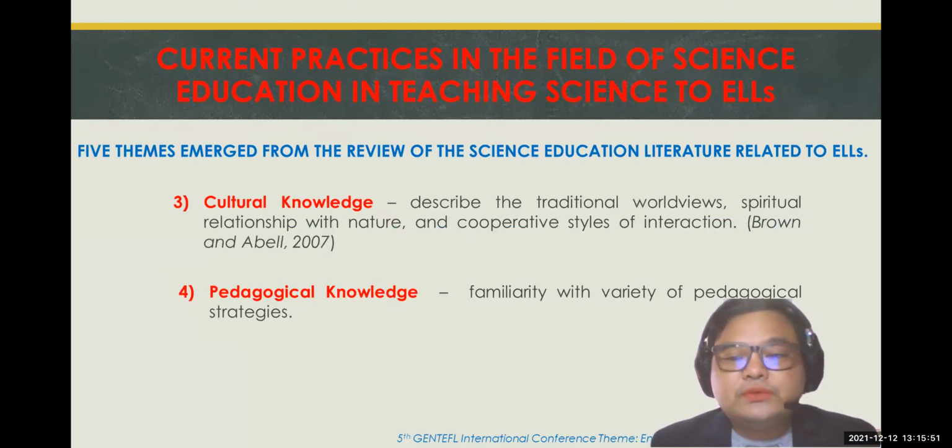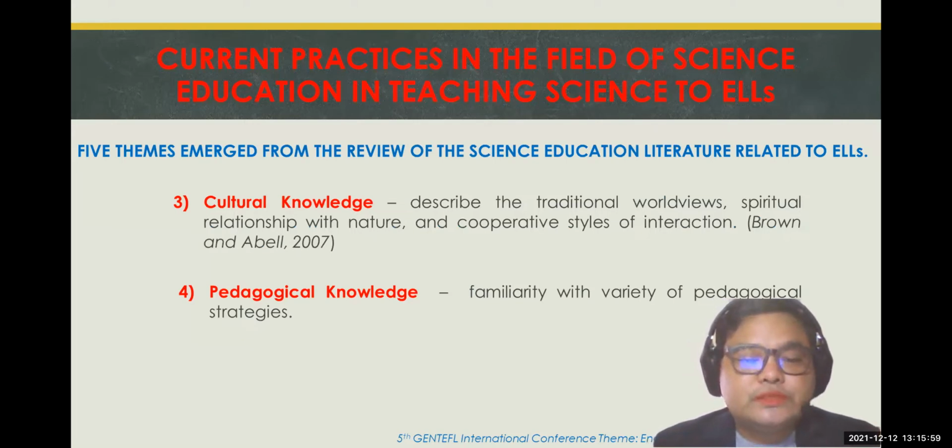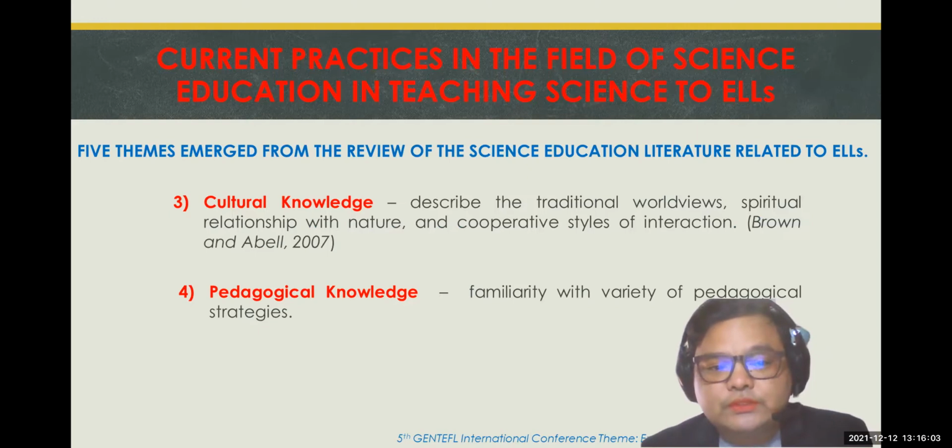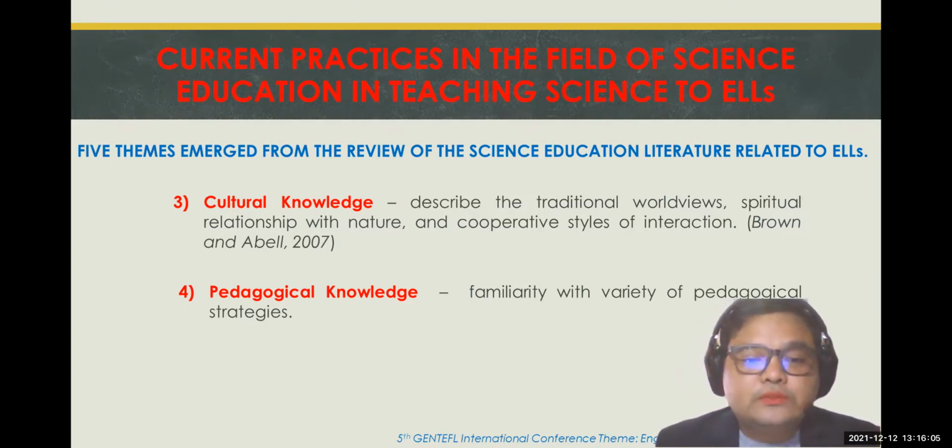Next is the cultural knowledge. The third is the cultural knowledge, which describes the traditional world views, spiritual relationship with nature, and cooperative styles of interaction. This is according to Brown and Abel in 2007.